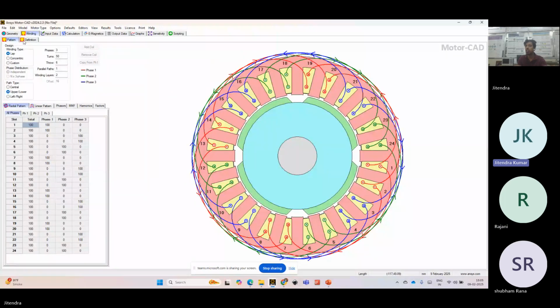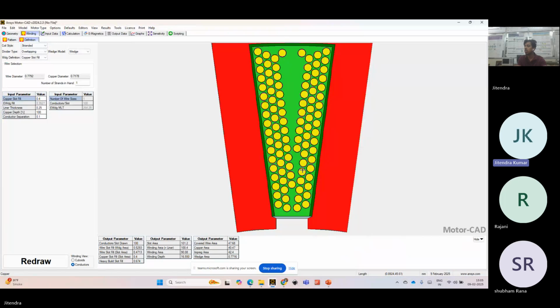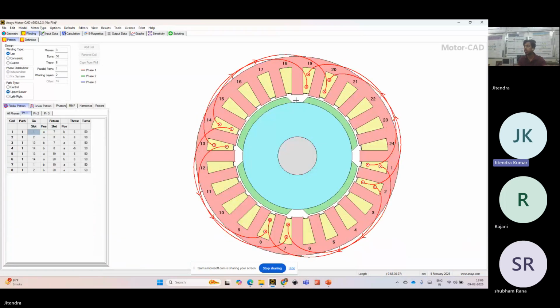Let me show you how the armatures are placed. This is how the slot looks, where multiple conductors are placed. You can assume this as one conductor, and multiple conductors correspond to a single turn. For example, this armature wire is coming out of the 14th slot and going to the 19th slot.